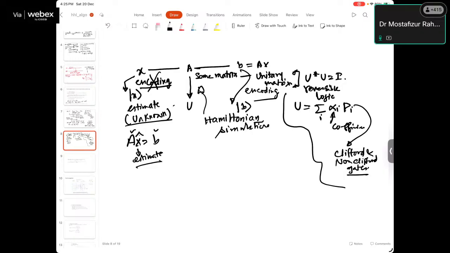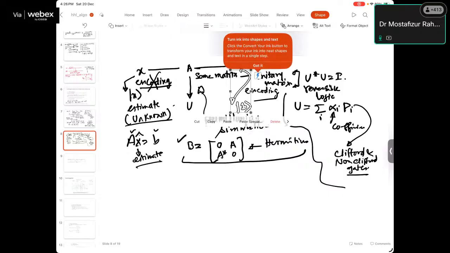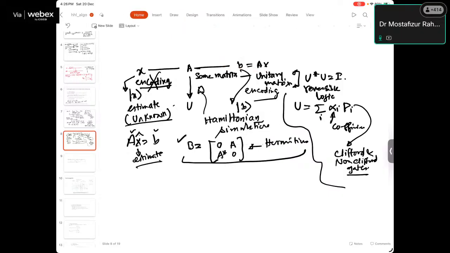In this paper, it is shown that you can design a matrix B, with blocks 0, A, A star, 0, which is another Hermitian matrix, and then you can design the algorithm on B. This was just an augmentation method applied here, to convert any matrix to a Hermitian matrix, right? So this is the protocol, A to U we have to do, b to ket b we have to do, right? And then we have to find a solution.